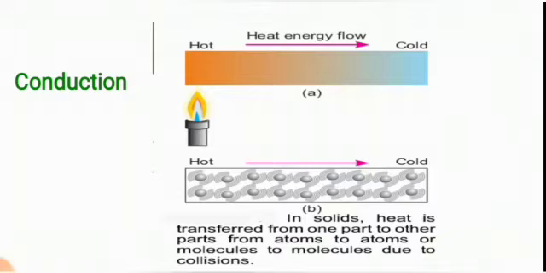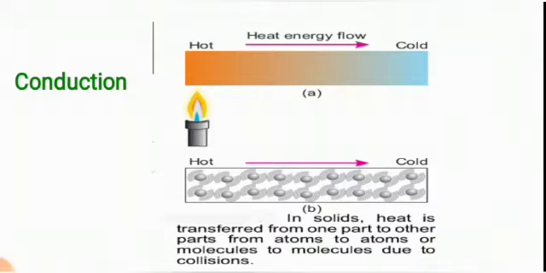In doing so, they pass some of their energy to neighboring atoms or molecules during collisions with them with the increase in their vibrations. These atoms or molecules in turn pass on a part of the energy to their neighboring particles. In this way, some heat reaches the other parts of the solids.